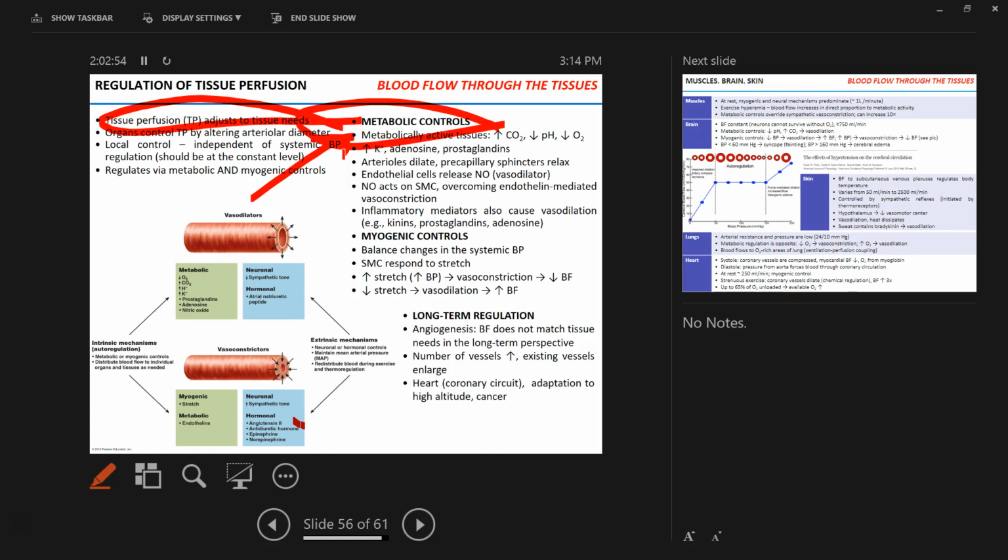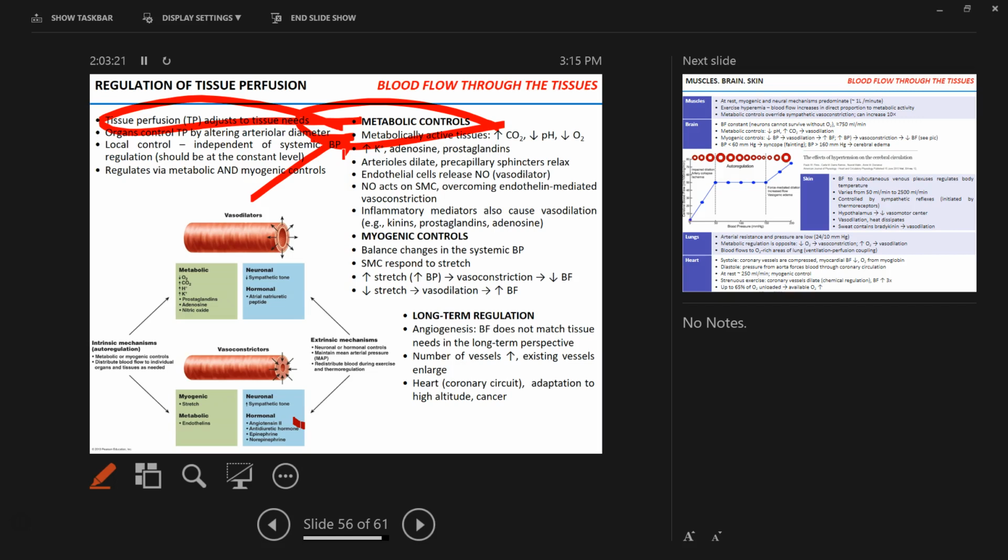ADP, adenosine diphosphate. When is it produced? When ATP is broken down to release energy. Metabolically active tissues use a lot of ATP, right? Produce a lot of ADP. Accumulation of ADP will cause what? Vasodilation. Does that make sense?